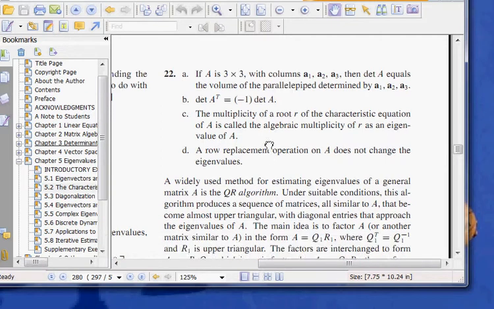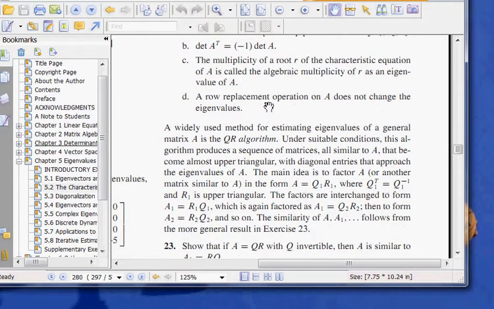The multiplicity of a root R of the characteristic equation of A is called the algebraic multiplicity of R as an eigenvalue of A. Well, you think, geez, this is so much. But actually, they tell you that this is a true statement.